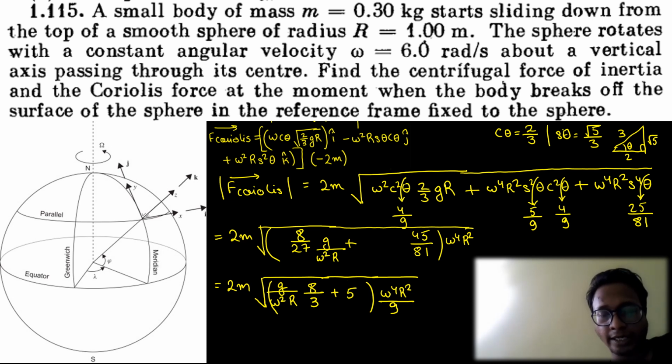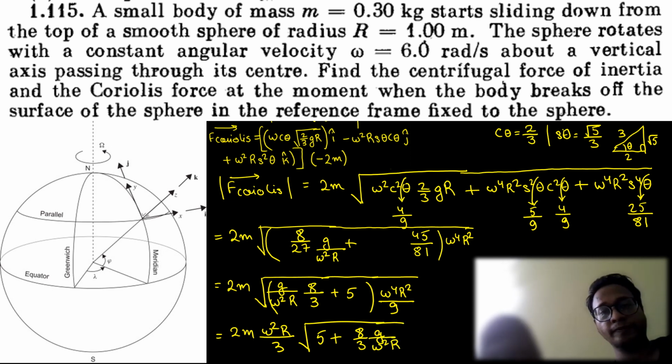Now if I take this term outside the square root, I would get 2m omega 4 will become omega square, r square would become r, by 9 under root would become 3 under root of 5 plus 8 by 3 g omega square r. So this is the value of the Coriolis force.